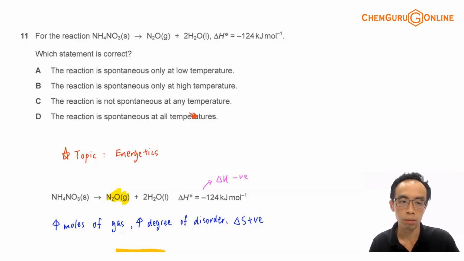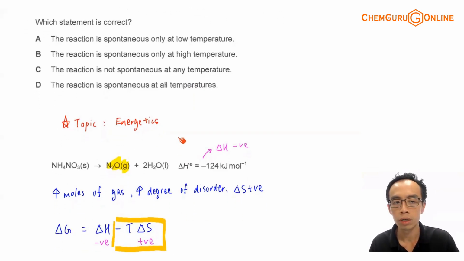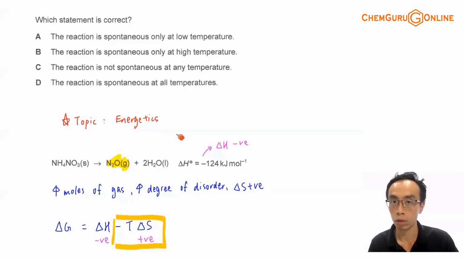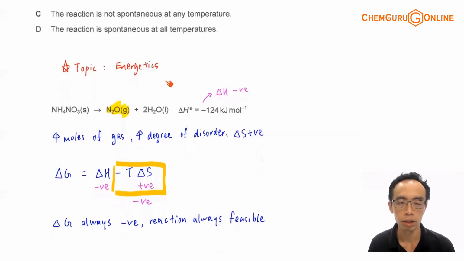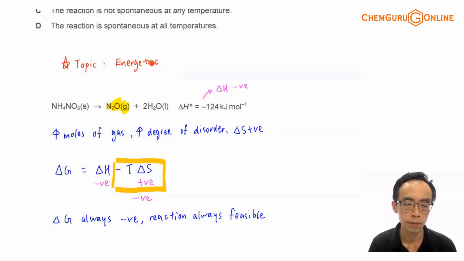The question is asking about spontaneity of the reaction, whether it is at high temperature, low temperature, and so on. So let us run through the concept and determine at which temperature the reaction will be spontaneous. The topic tested in this question is obviously energetics involving Gibbs free energy.